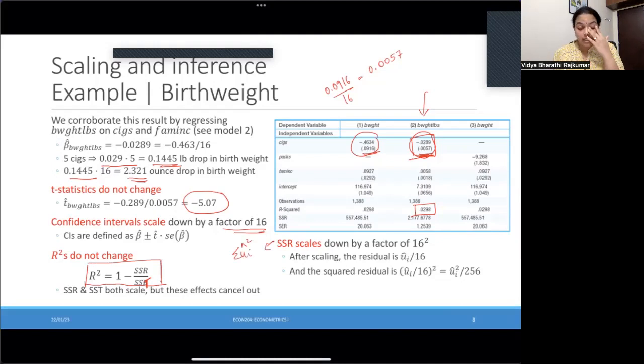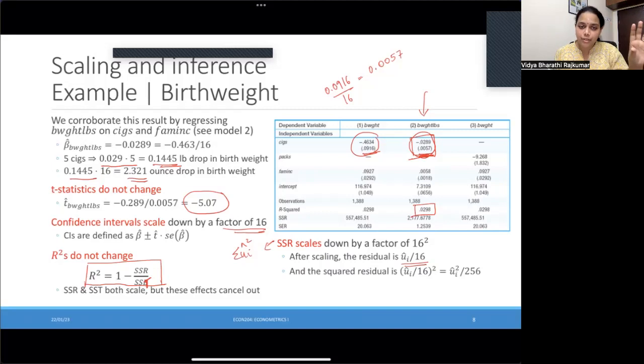Well, if everything in my regression is scaling down by a factor of 16, the residual is also going to be ui hat by 16. And therefore, the residual squared is going to be ui hat by 16 the whole square. So SSR is going to scale down by a factor of 16 squared. The same thing happens to SST as well. That will also scale down by a factor of 16 squared. And these two will cancel out each other, and therefore your R squared remains unchanged.